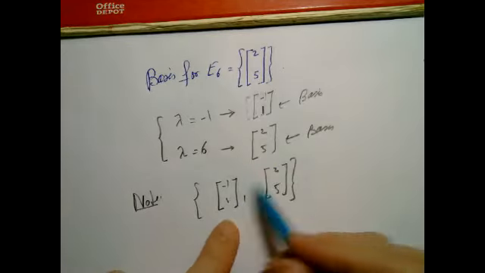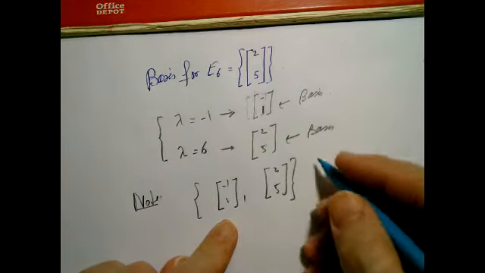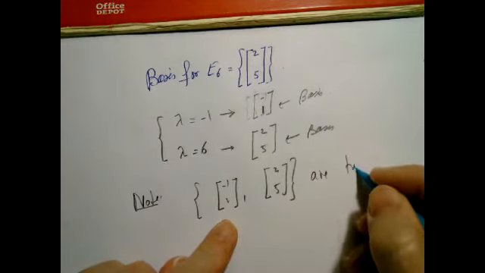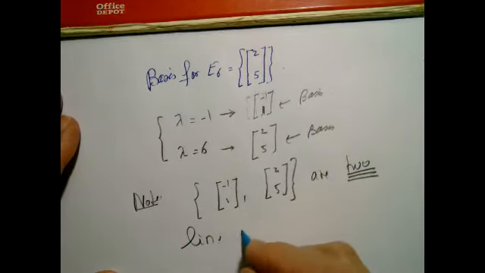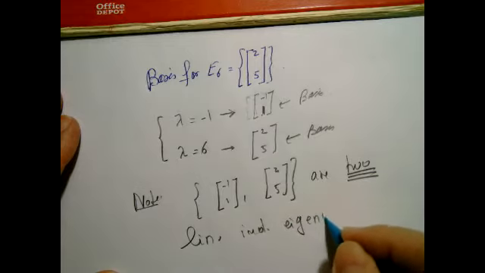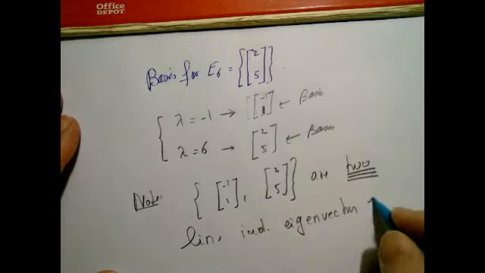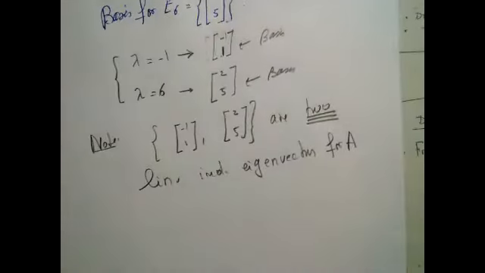Since they are 2 vectors, we can just by looking at them know that they are linearly independent. So now I have 2 linearly independent eigenvectors of A.